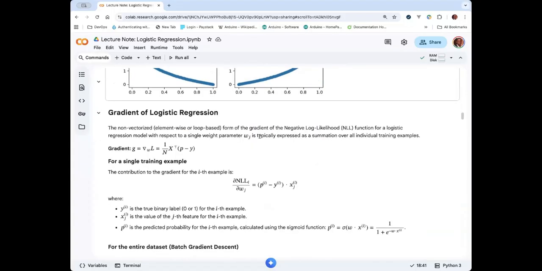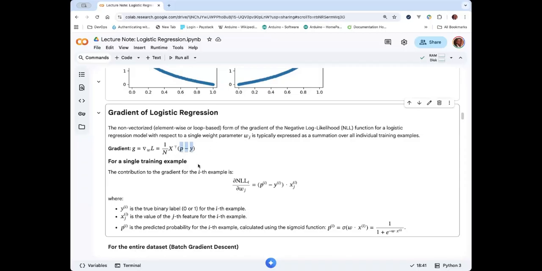Now, the gradient is actually a very simple form. When you do the calculus of it, you find that at the end of the day, the gradient is basically just the difference between the predicted value and the actual value.